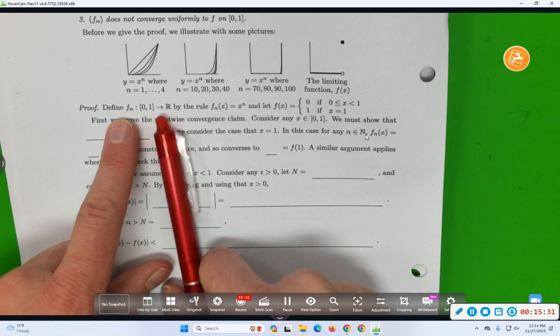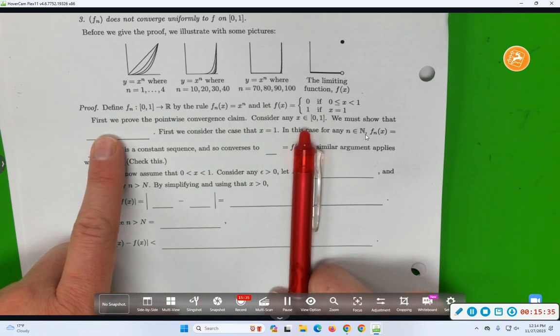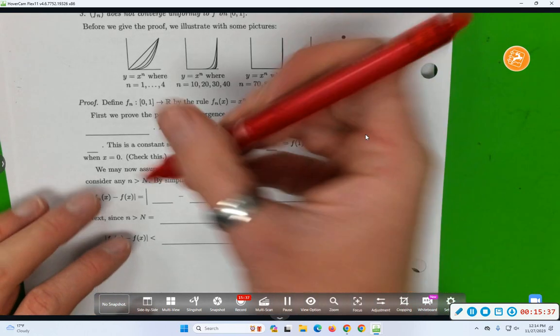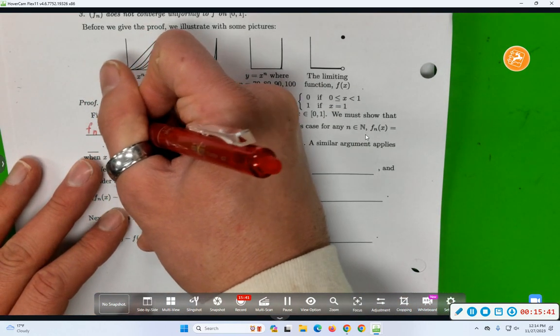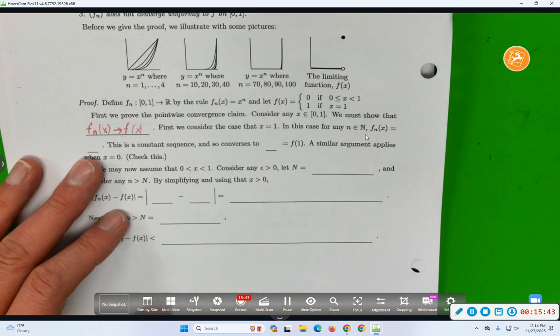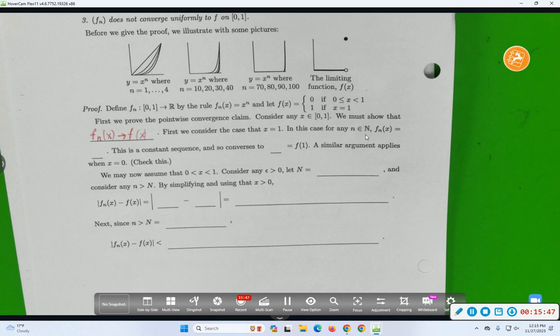So with pointwise convergence, I can consider any x in [0, 1]. I need to show that f sub n of x converges to f of x. That's in terms of sequences of numbers. Let's consider the case x equals 1. In that case, what is f sub n of x equal to?